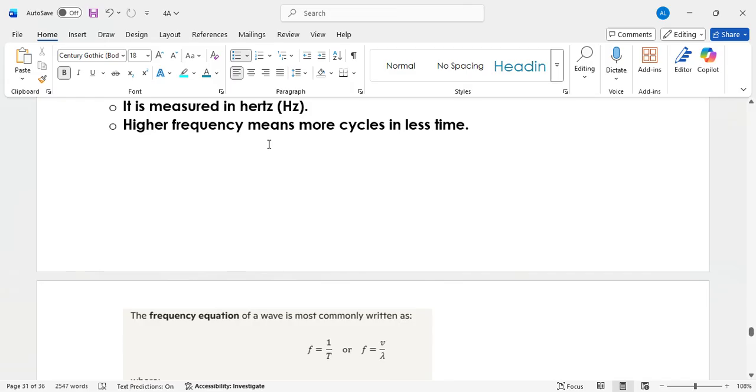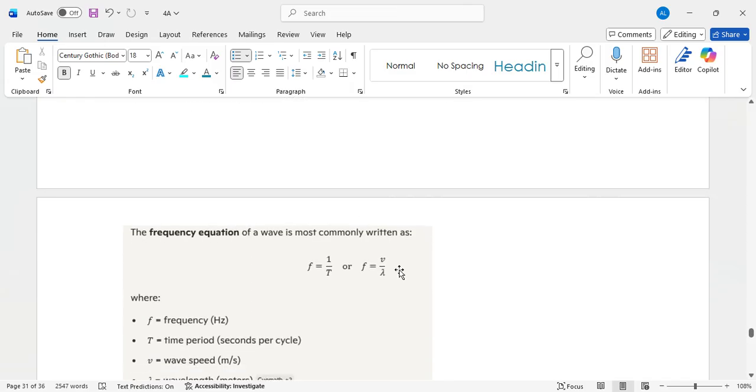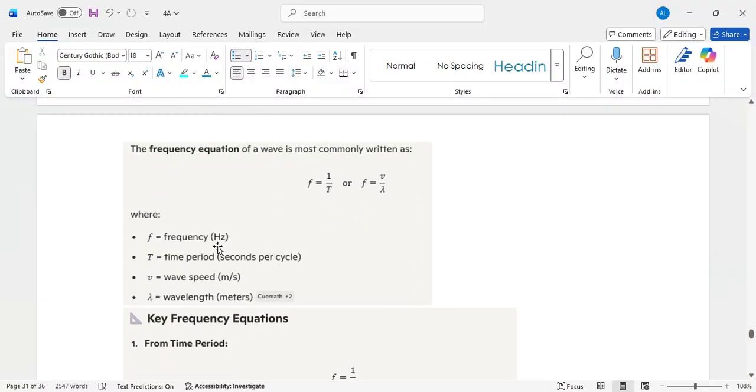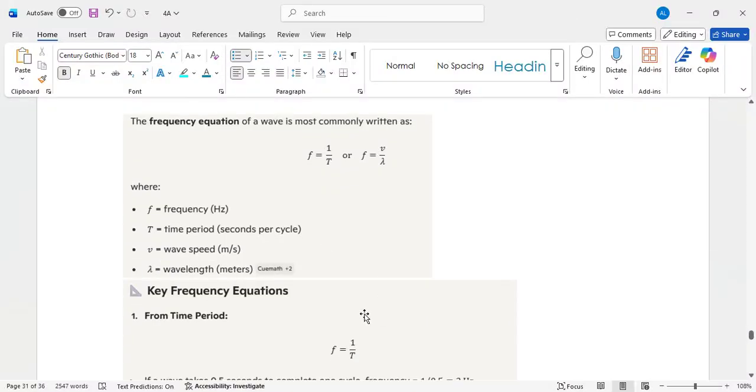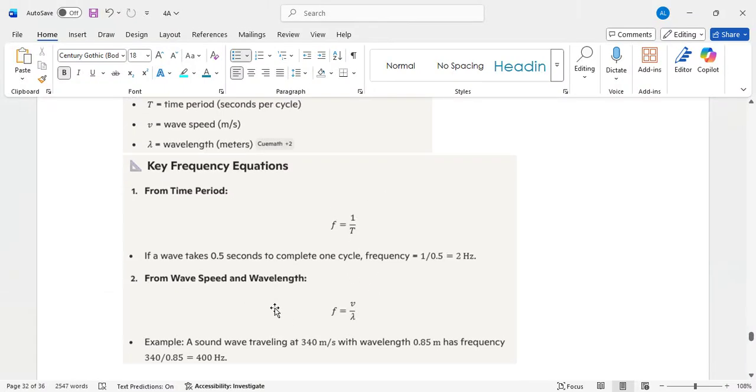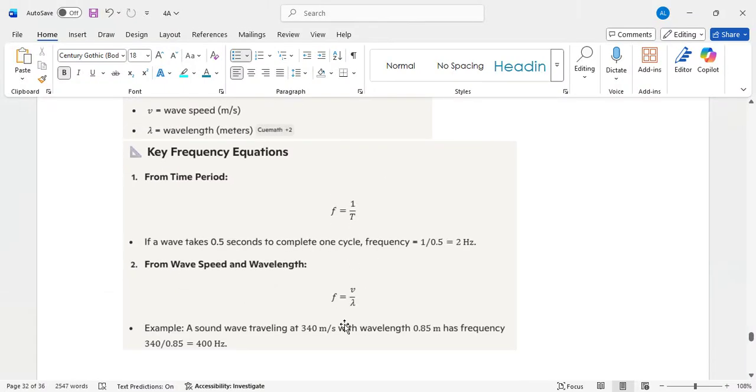It's calculated in hertz. The frequency equation of a wave is most commonly written as f = 1/T, or f = v/λ, right? So f equals frequency, T is time period, v is wave speed, and λ is wavelength. From the time period, f = 1/T. From wave speed and wavelength, f = v/λ.